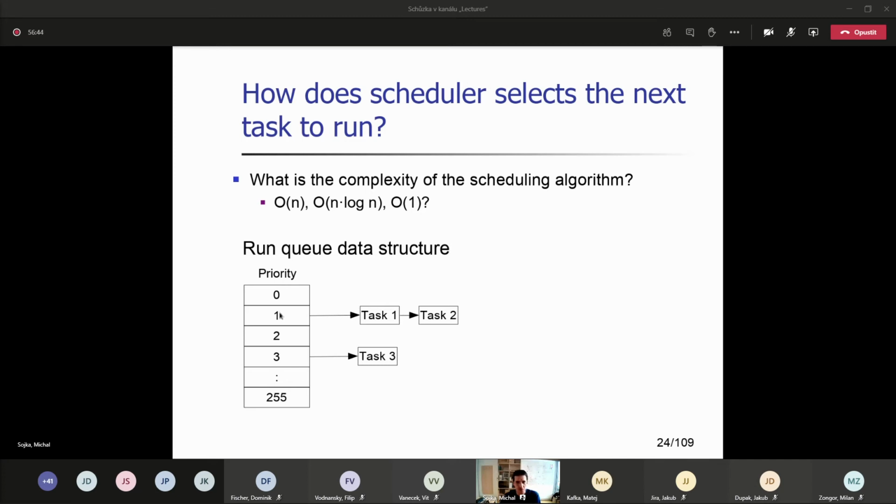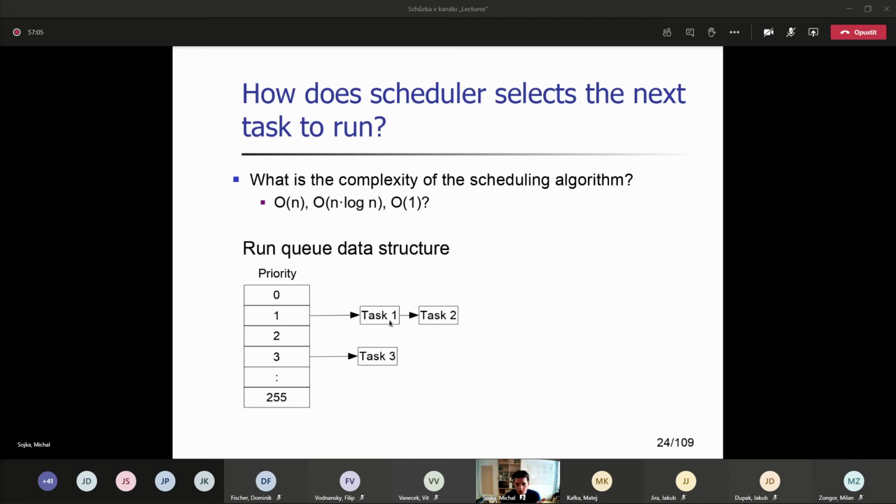So in constant time, by using this find first bit register, we find the priority, and then in second time we just dereference this pointer and we would see the task which is to be run. So finding the highest priority and dereferencing it is constant time.